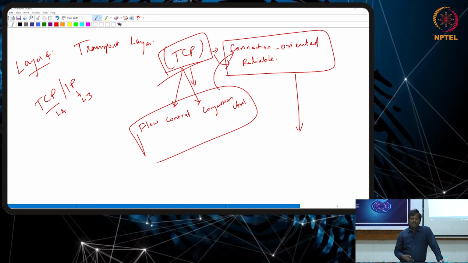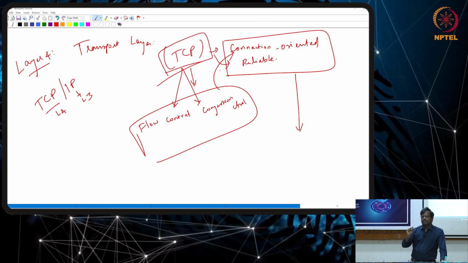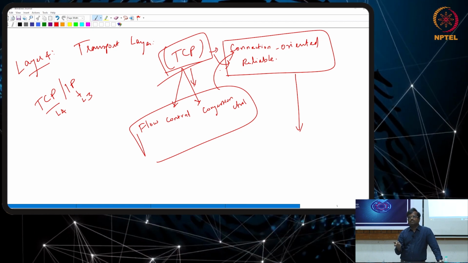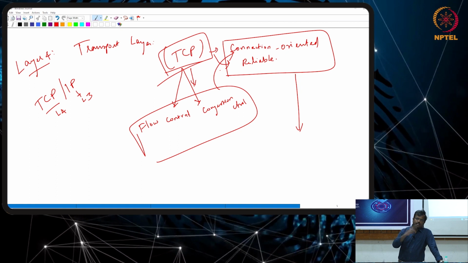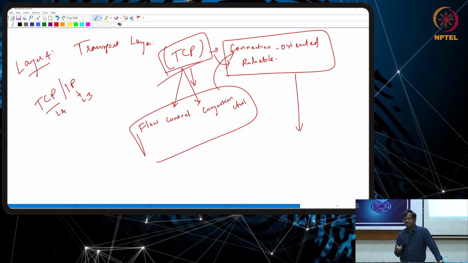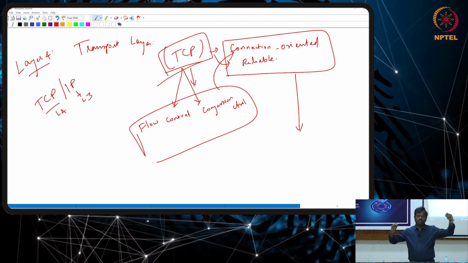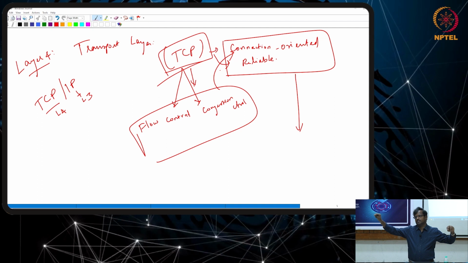In order to ensure reliability, when you do the transmission, if a packet is dropped or corrupted, you need to retransmit. So there is a connection between the first packet and the second packet because you may be retransmitting, right? When you are controlling the traffic, you are controlling the traffic between one application here and another application here.